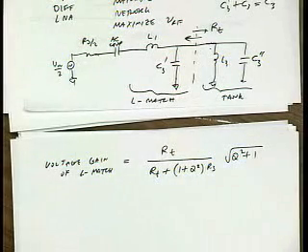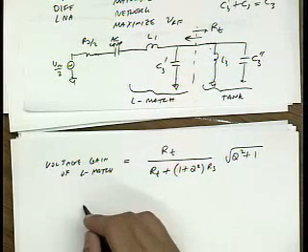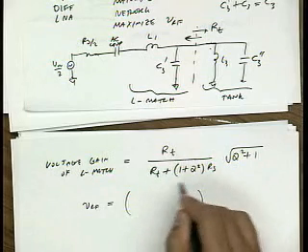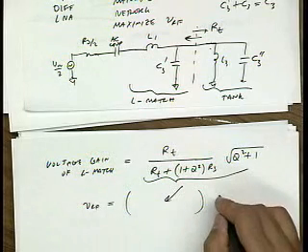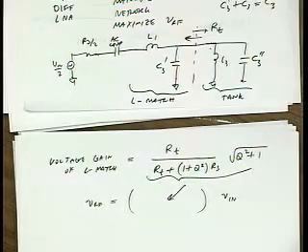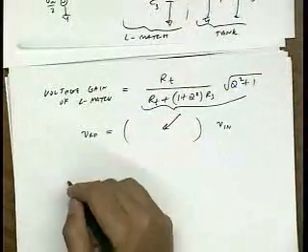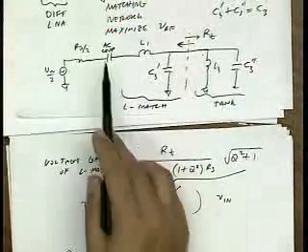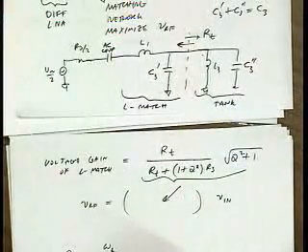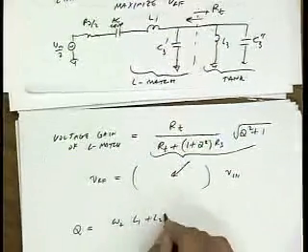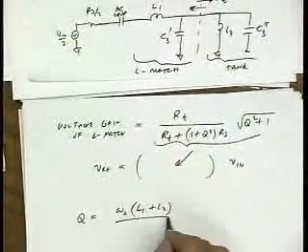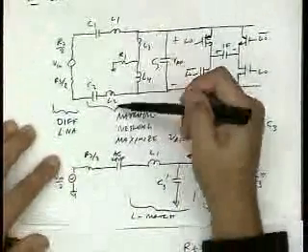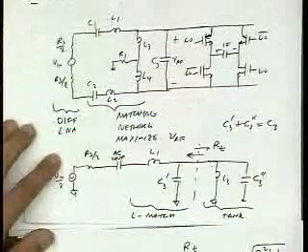So this is VRF is equal to this thing times Vin. And of course the Q of this circuit is just the reactance in the circuit divided by the source resistance. So the total reactance is L1 plus L2 for the differential circuit, and the total resistance is RS. So this is L1, L2, this is RS. Okay?